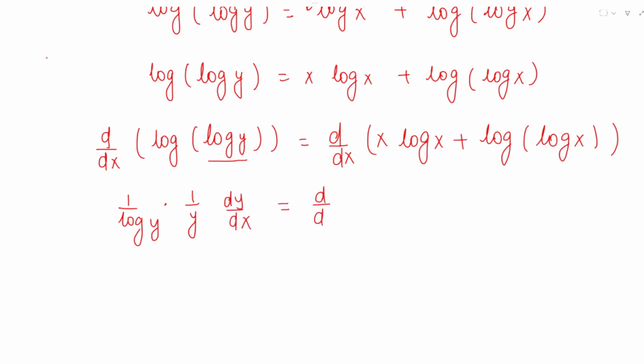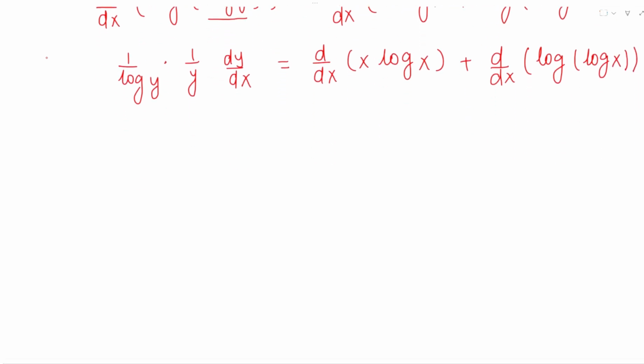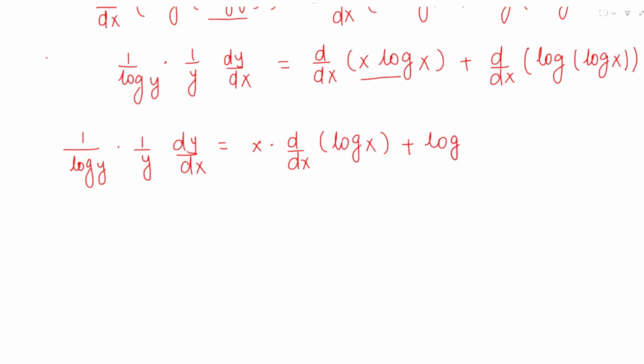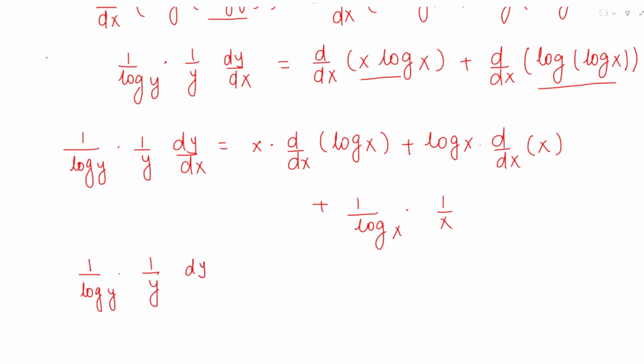So 1 by log y into 1 by y dy by dx equals, now here we use the UV rule: x into derivative of log x, which is 1 by x, plus log x into derivative of x, which is 1, plus derivative of log of log x, which is 1 by log x into 1 by x.